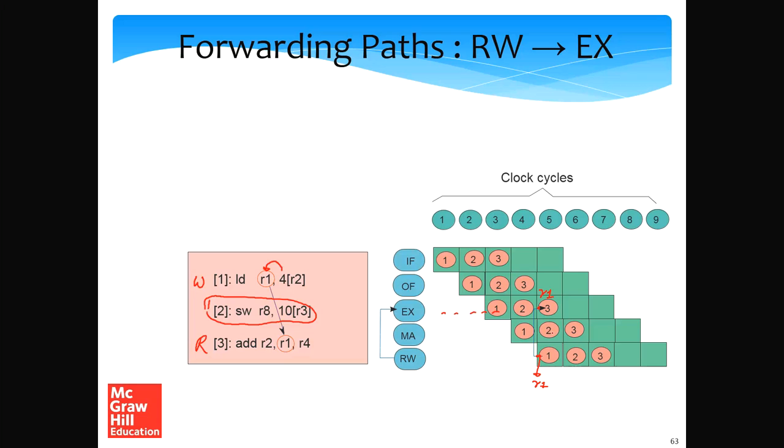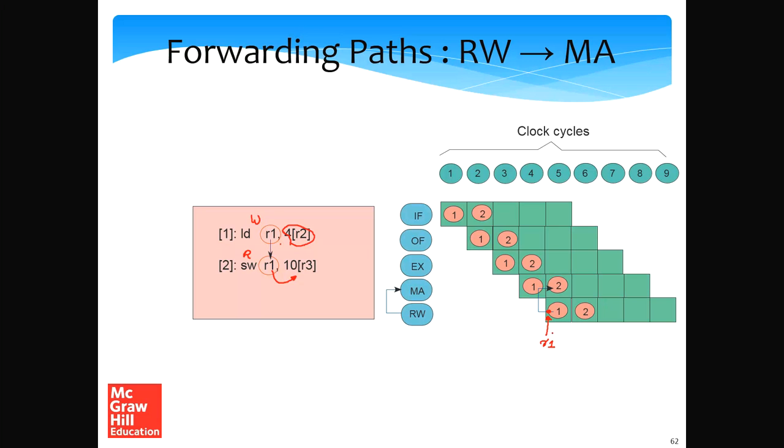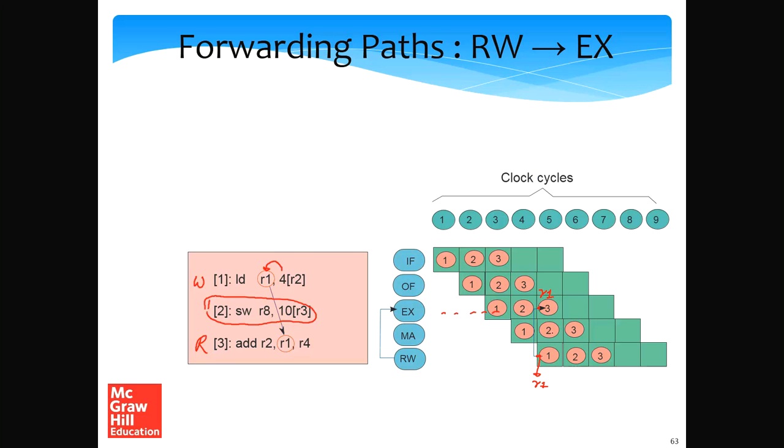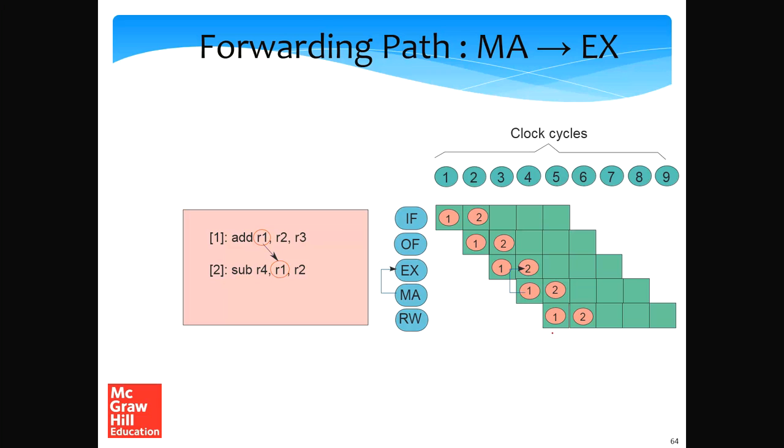The previous RW to MA and RW to EX forwarding paths are mostly useful when the producing instruction is a load, because the load's value becomes available only in the RW stage, after the memory access is done. So that's the reason the load instruction uses those paths. And the ALU instructions mostly use the MA to EX path.